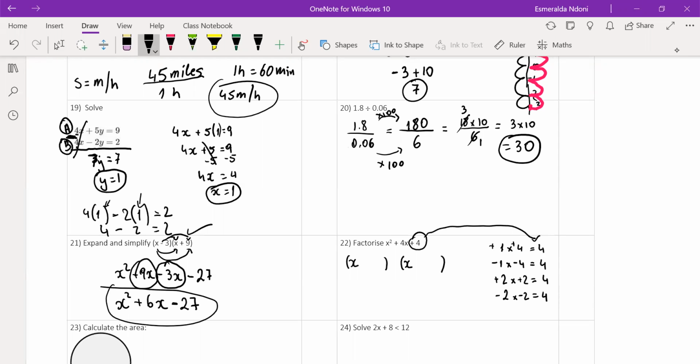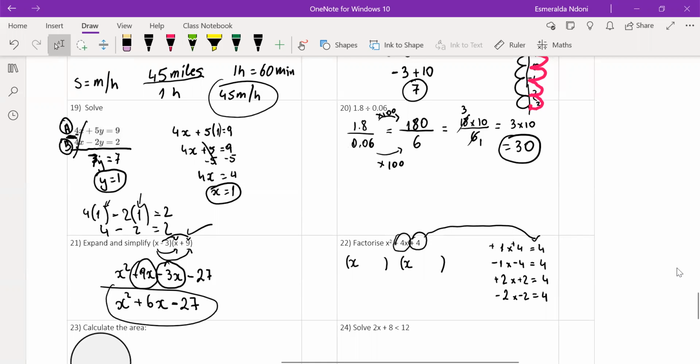So I need to choose a pair that when I add them up, gives me this 4x. And the reason why I'm saying that, because look in here, when we simplified, we added those two up and I got a 6x. So I will need to add any of these two numbers up to get a 4x.